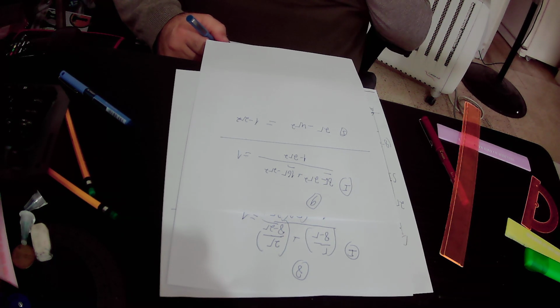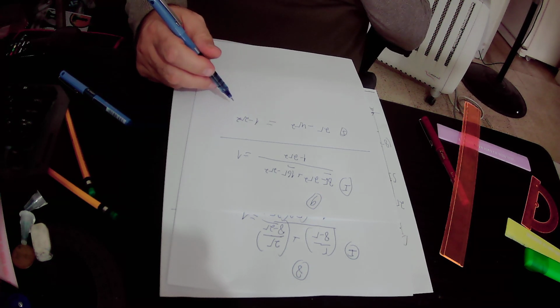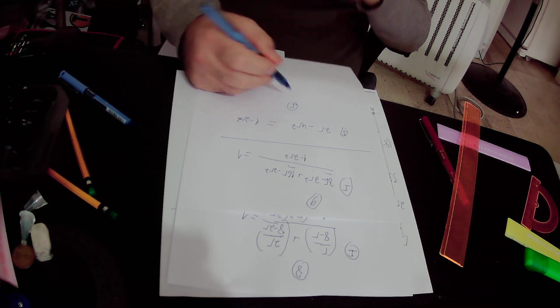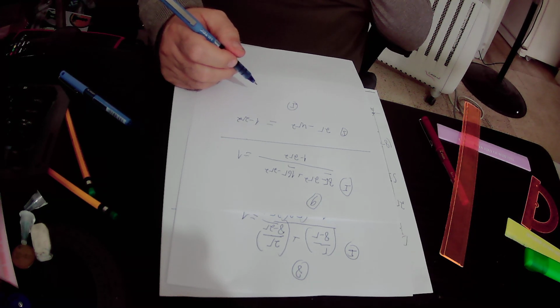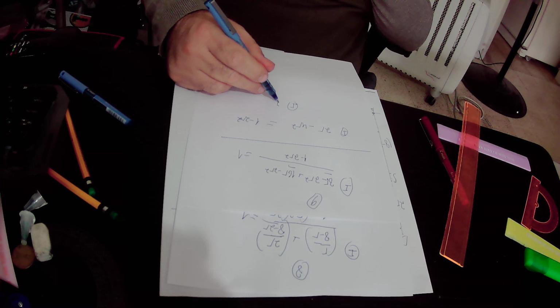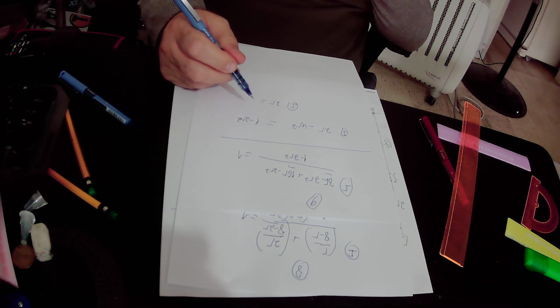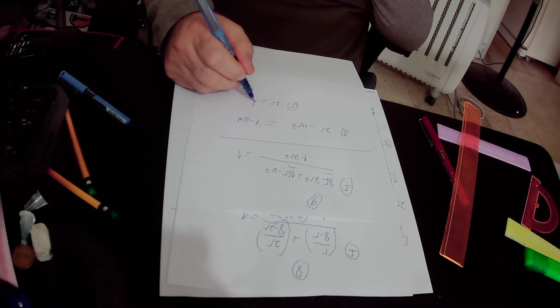So here we will add to this equality 4R squared, and we will get that 2R equals 4R squared minus 2R squared is 2R squared plus 1.